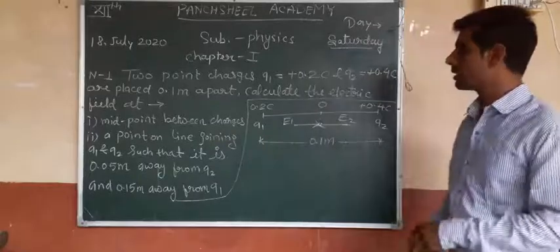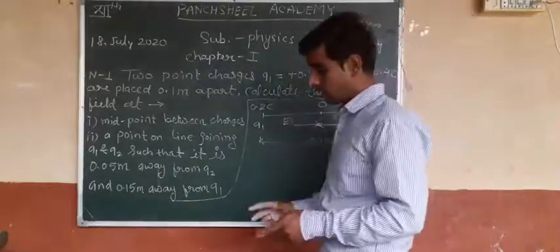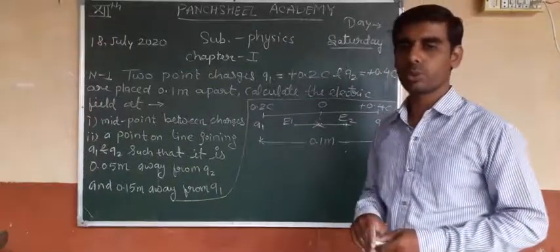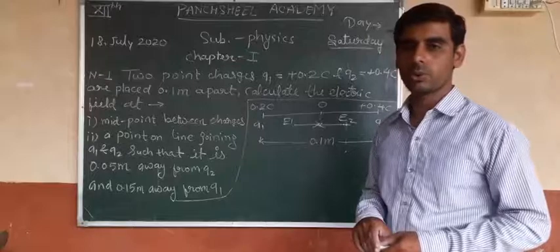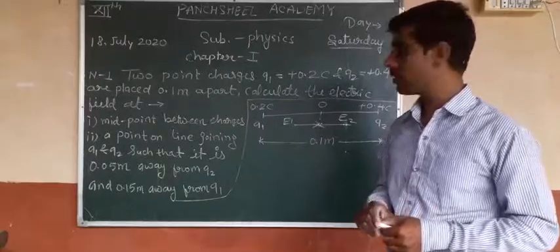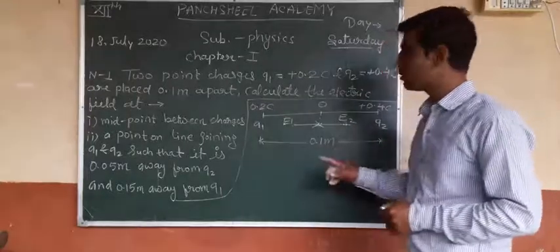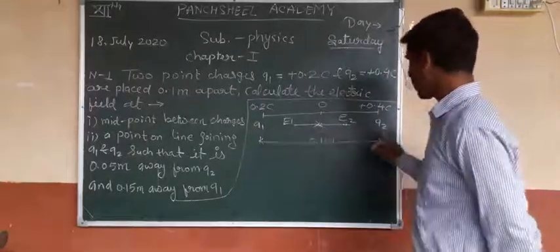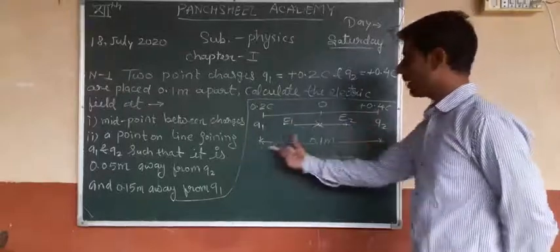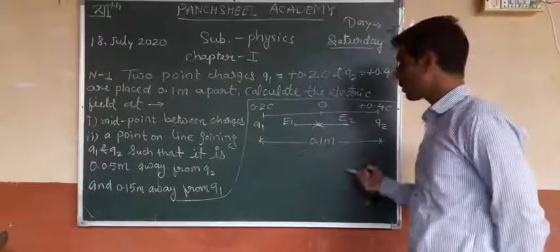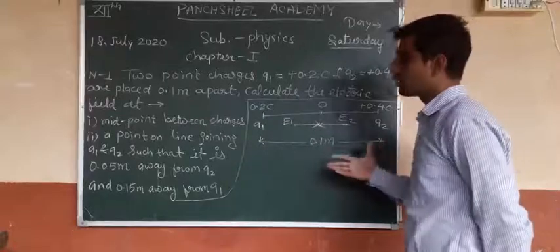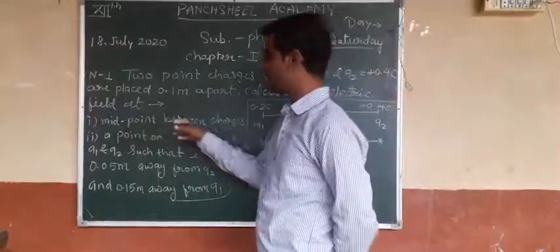So this is the question, and in this question there are two charges Q1 and Q2. Q1 is 0.2 coulomb and Q2 equal to 0.4 coulomb, which are separated by a distance 0.1 meter. Okay, so we have to find out the electric field at the midpoint between charges.